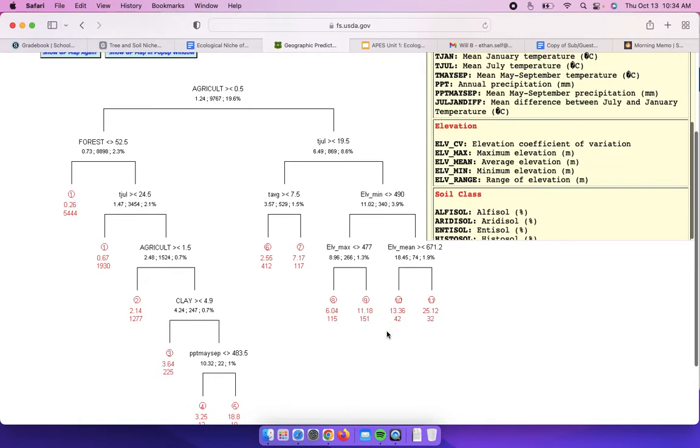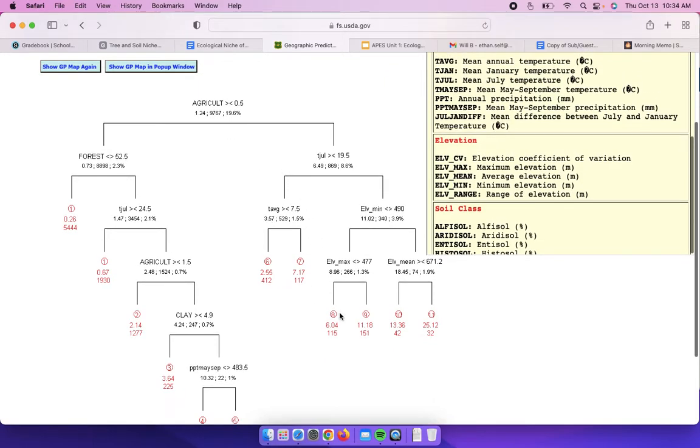This is going to show you a hierarchy of less and more important factors. Agriculture greater than 50% to the left, agriculture less than 50% to the right. I'm sorry that I got those two arrows mixed up. Agriculture greater than 50% to the left, agriculture less than 50% move to the right.